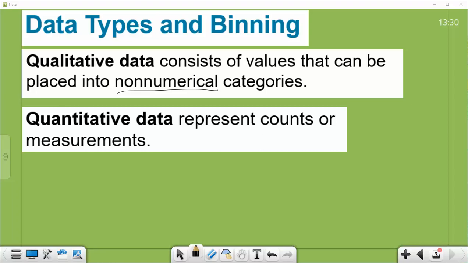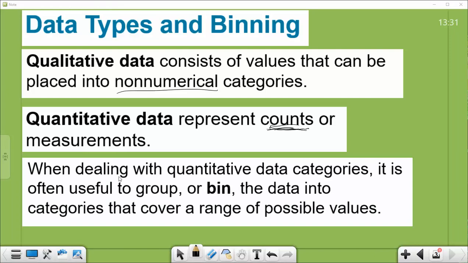And then quantitative data represents counts or measurements. These counts, if it's occurrences, that would be a frequency, or measurements. So quantitative data is stuff that you can measure or count.